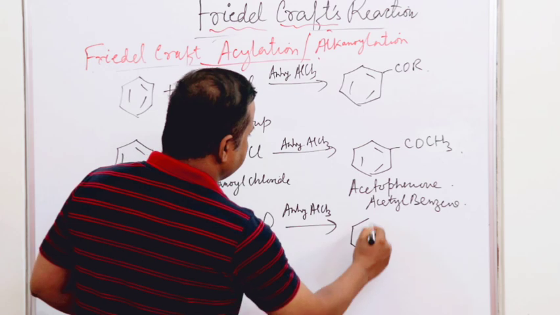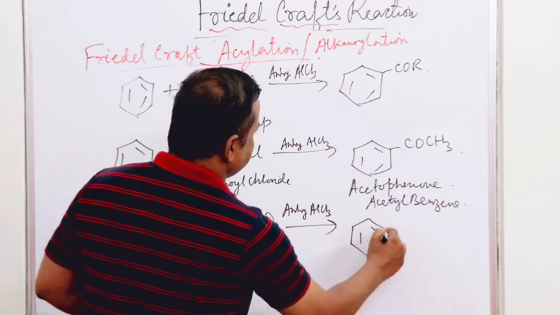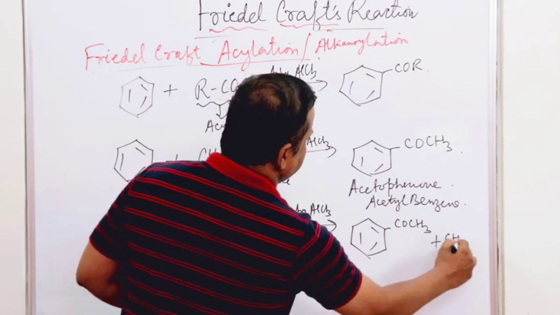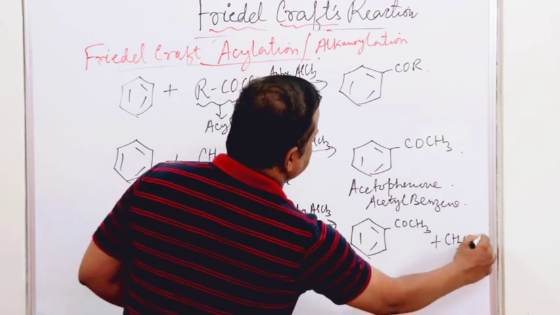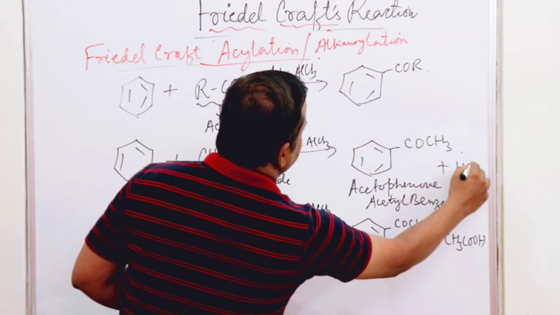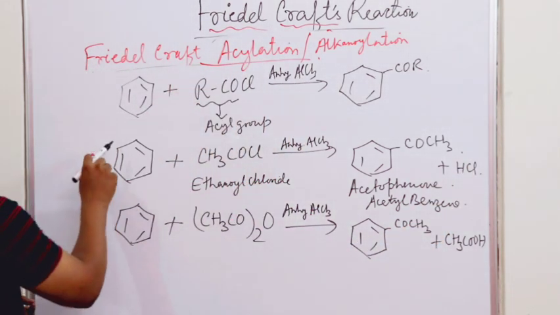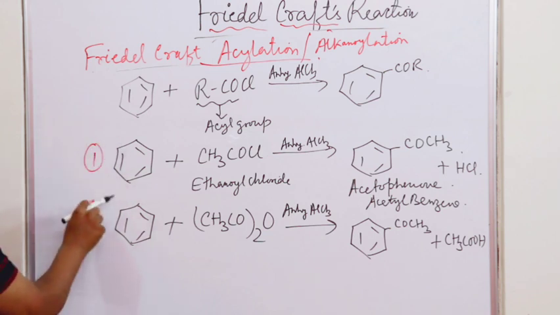This will also result in the formation of the same compound, and there will be a side product, acetic acid, along with HCl. So these are the two reactions of Friedel-Crafts acylation, reaction 1 and reaction 2.